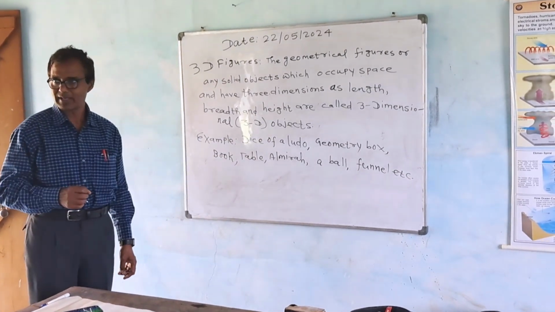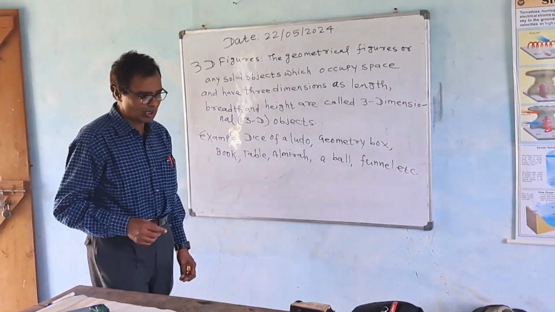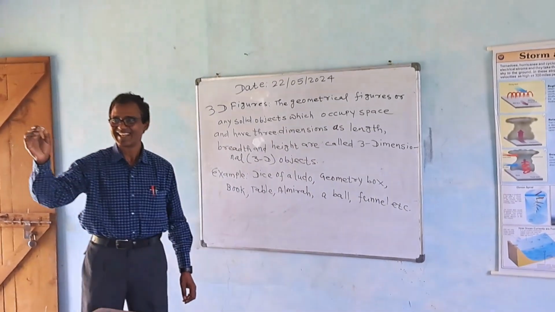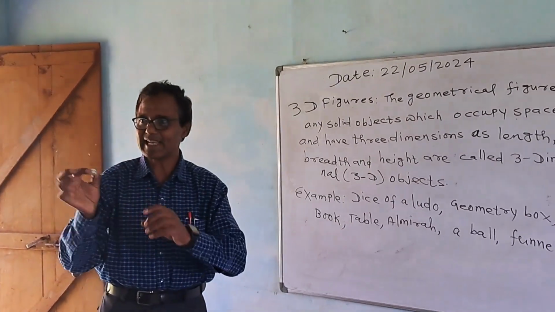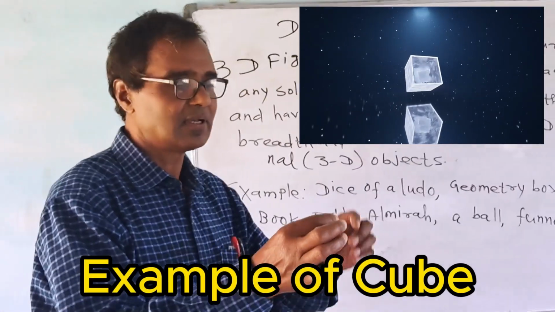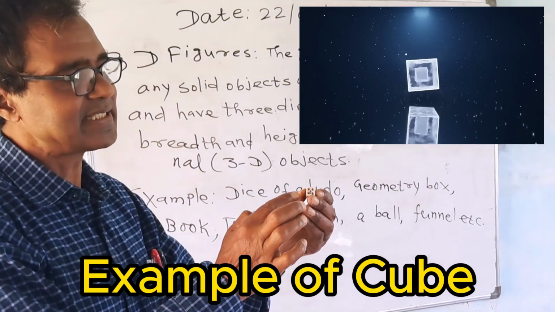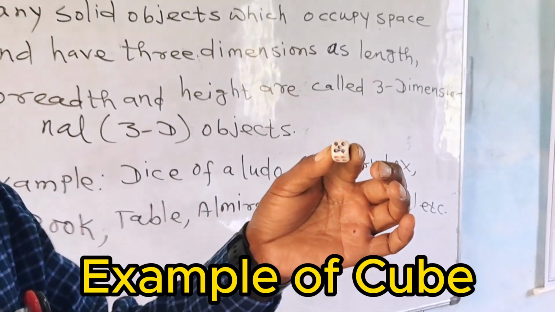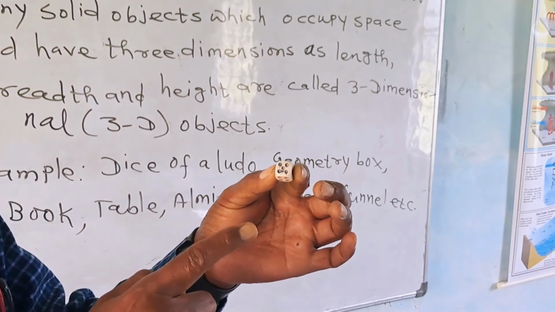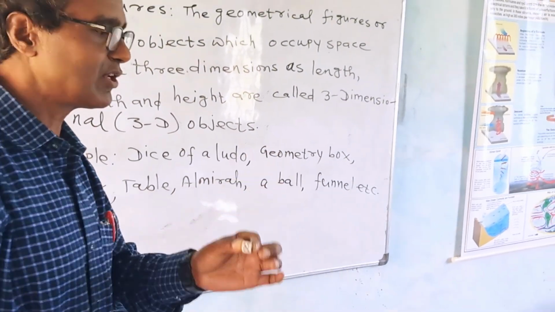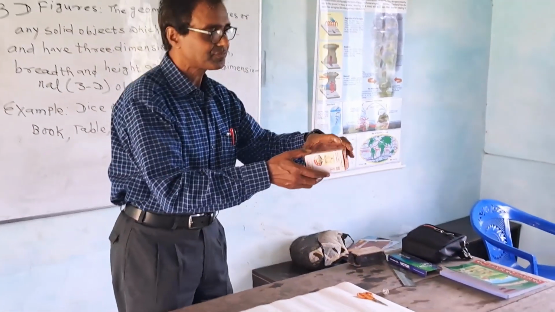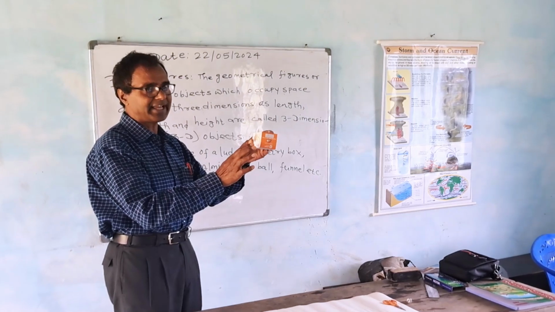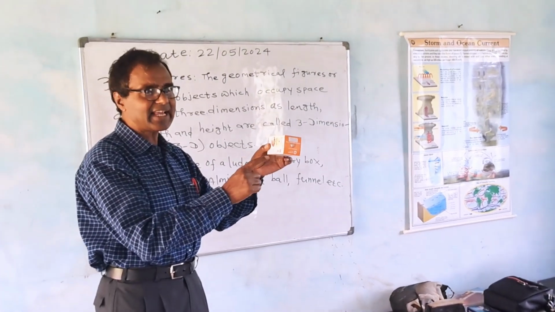For example, the dice of Ludo. Have you seen Ludo? Have you played Ludo? This is an example of a cube. See, all sides have equal length, equal breadth, and equal height. And this is a bulb box.